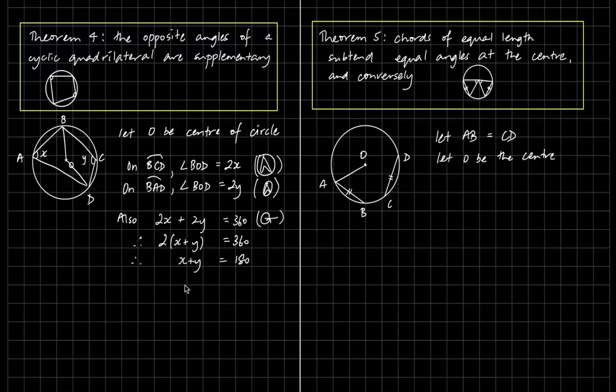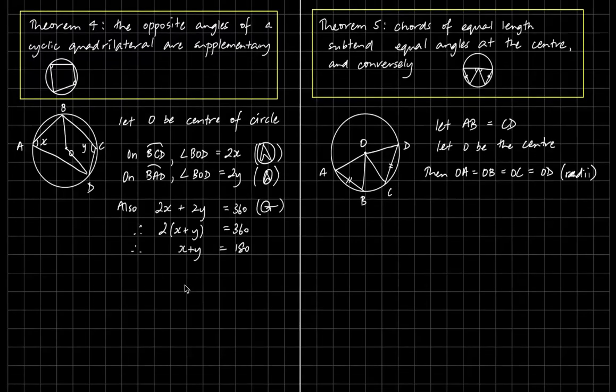So then all of these lines from the center to those points are going to be equal, aren't they? So OA equals OB, which is equal to OC, which is equal to OD, because they're just all radius lengths. So therefore we've got two triangles that are congruent by SSS.